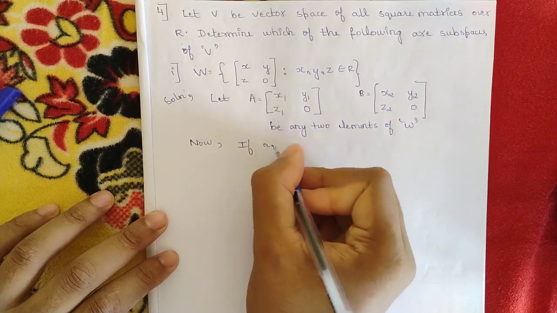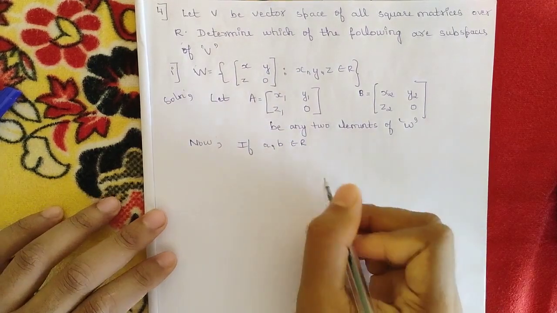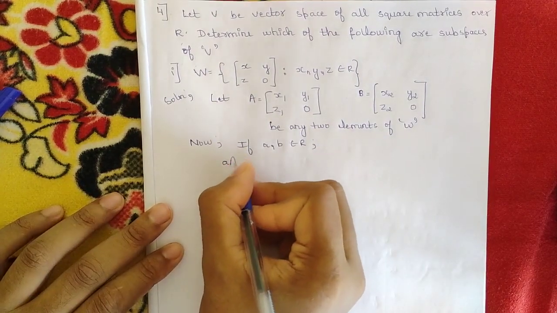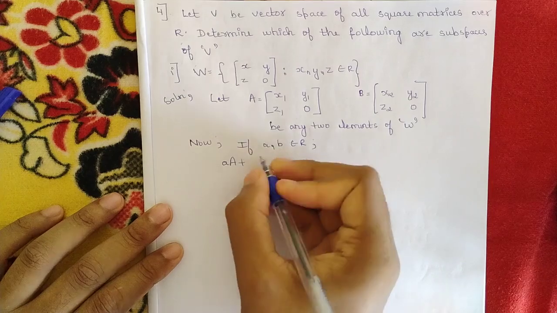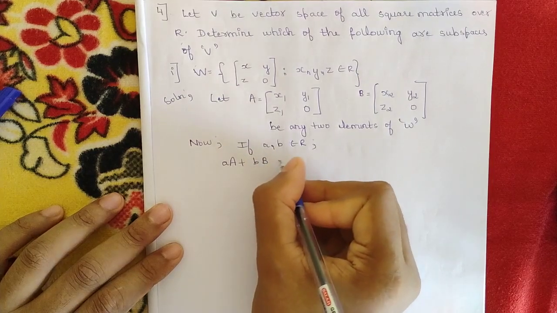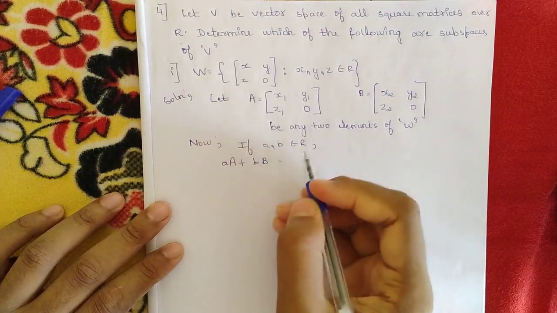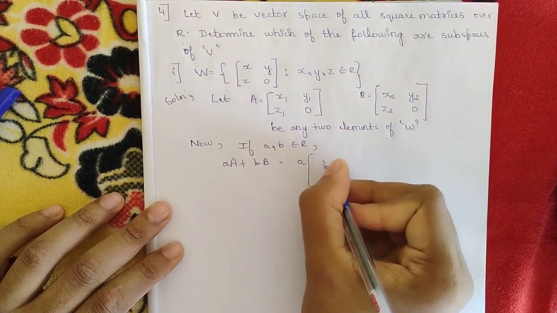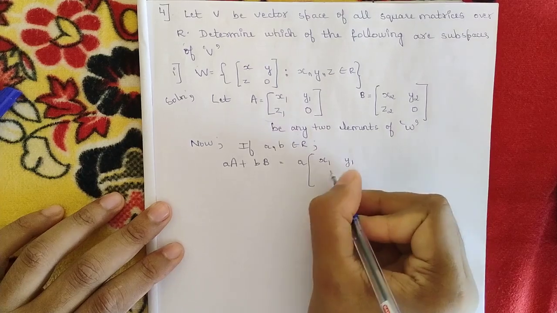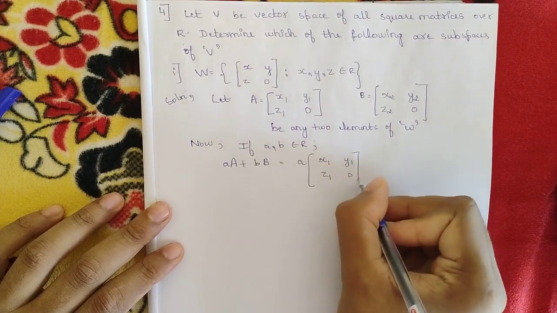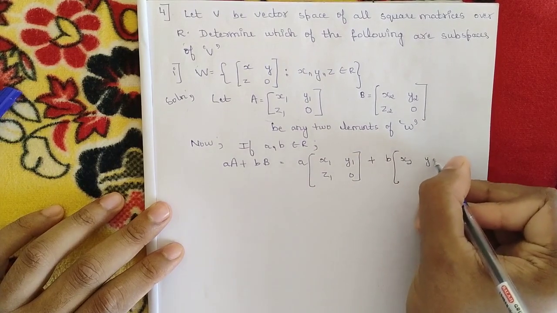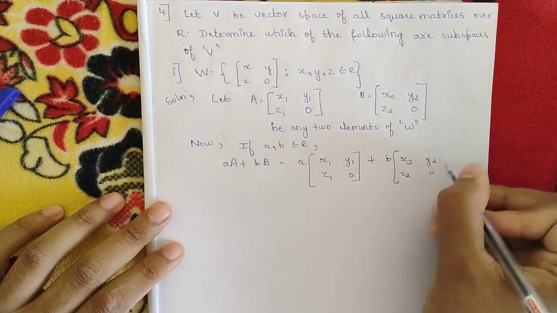Now if a, b belong to R, then what we could write is a times A plus b times B equal to, that is, multiply a with the A vector, x1, y1, z1, 0, plus b into x2, y2, z2, 0.